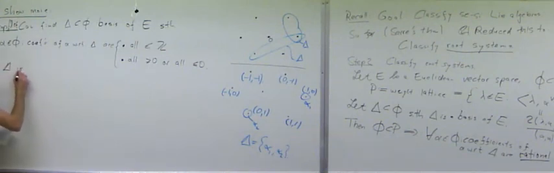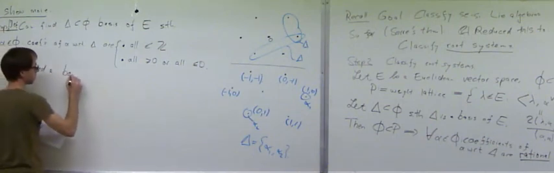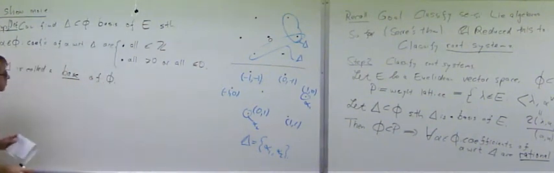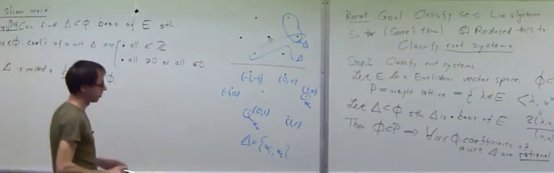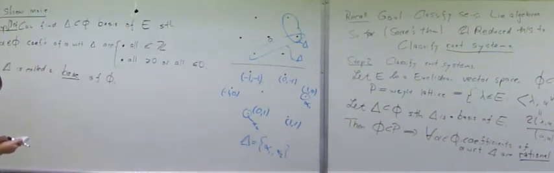Such a delta is called a base of the root system. So it's a particularly nice basis which has this extra property.